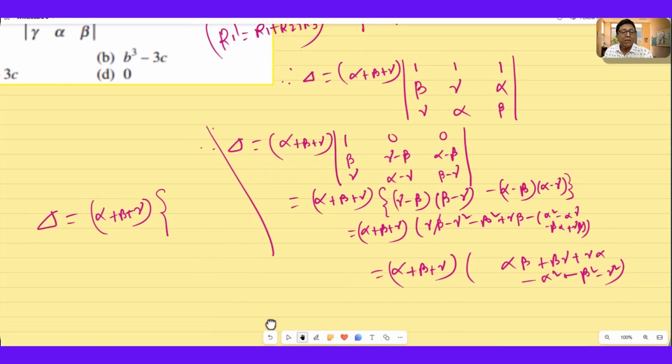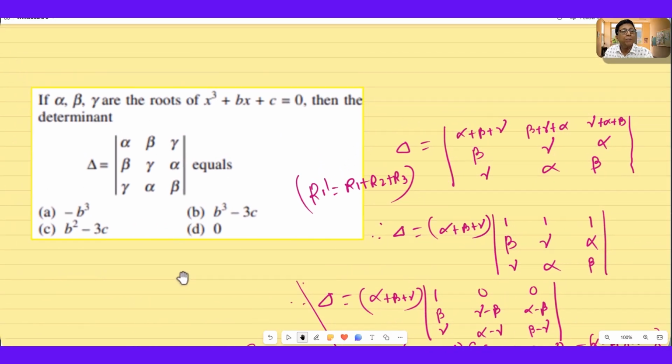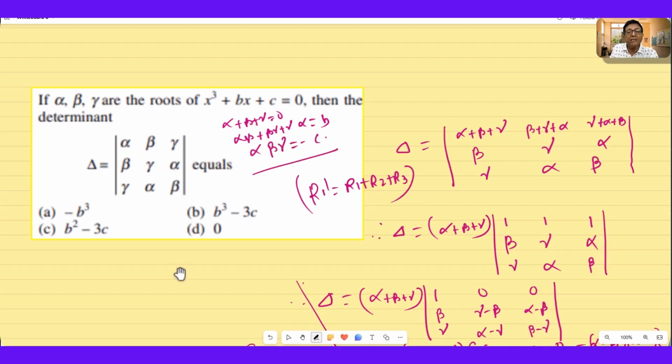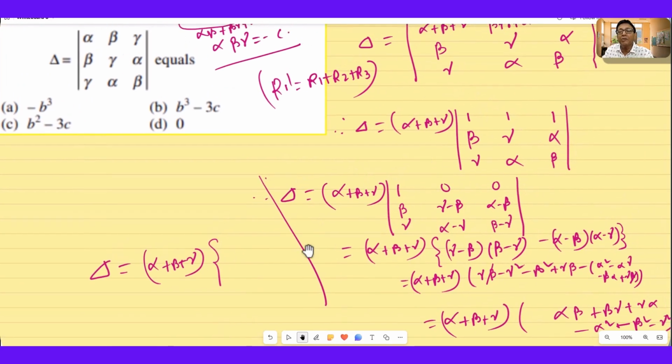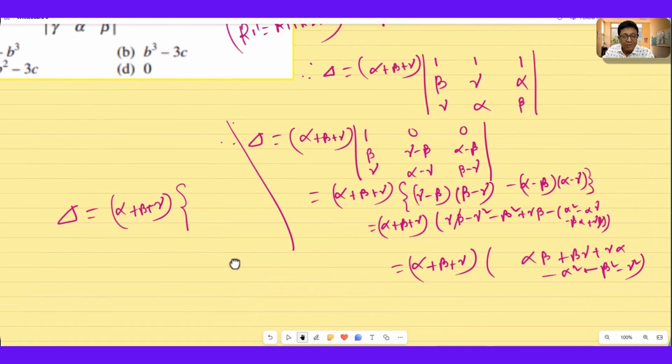Oh, they have given alpha plus beta plus gamma. No, they have not given. We just write alpha plus beta plus gamma is 0 because no x square is there. Although alpha beta, beta gamma, gamma alpha exists, it is B and alpha beta gamma minus C, but this part is going to be 0. So the value of the determinant at this stage only you can say is 0. I didn't check that, I am sorry. So delta is going to be equal to 0.